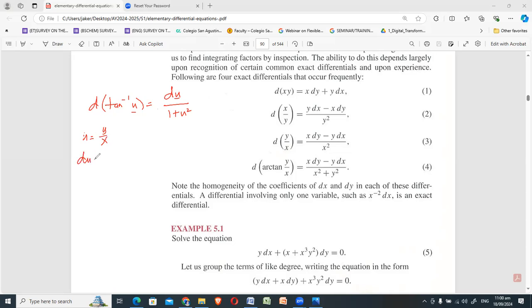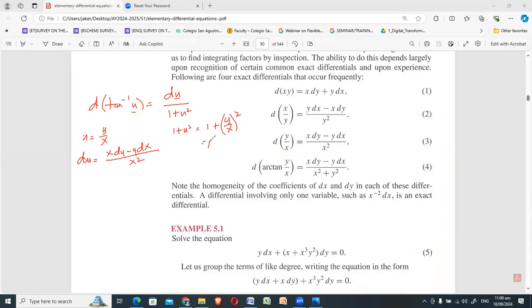So the du of that is x dy minus y dx over x squared. That's the du. As for 1 plus u squared, it's 1 plus, what's the u? y over x. And you're going to square it.